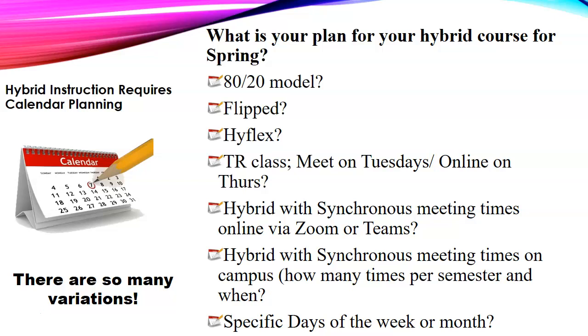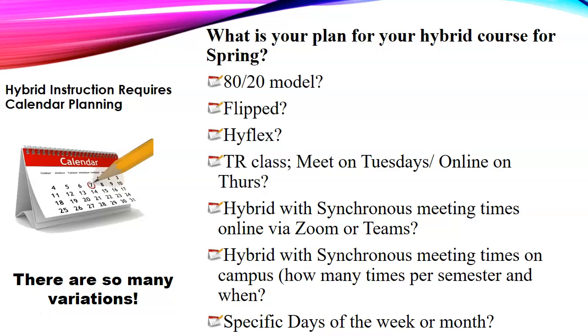There are different models. Do you want to use the 80-20 model? Do you want to use a flipped classroom or a HyFlex classroom? Do you want your Tuesday, Thursday, or Monday, Wednesday class to meet on one of those days and have online content on the other? Do you want your hybrid course to be synchronous with meeting times on Zoom or Teams?